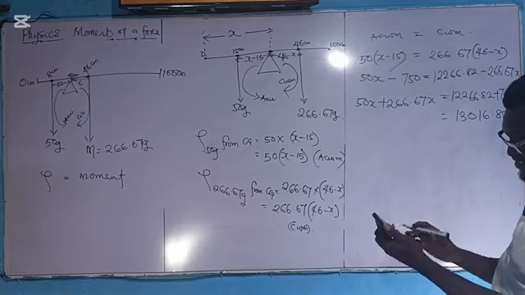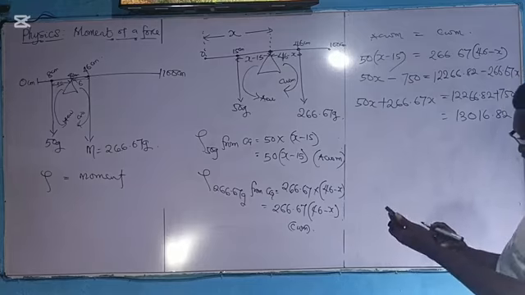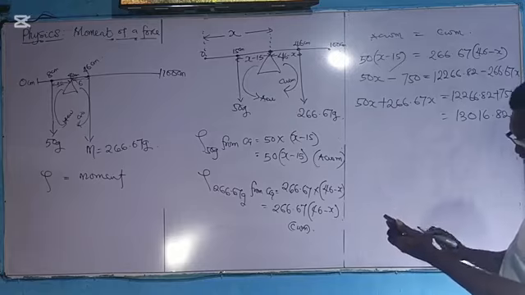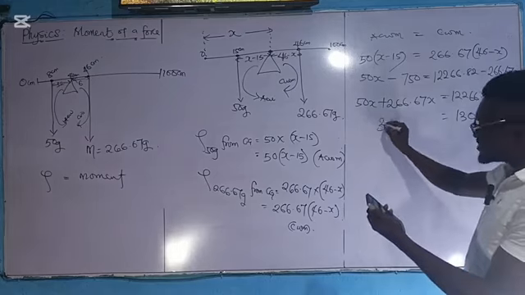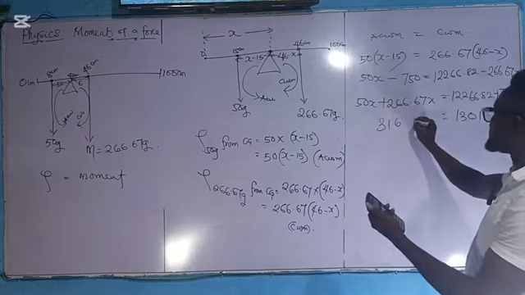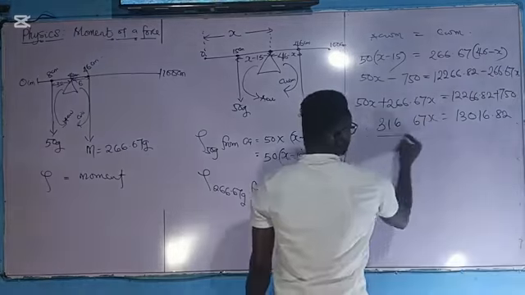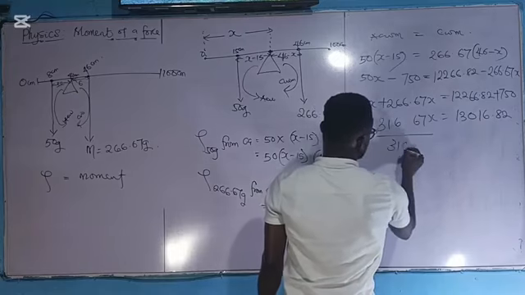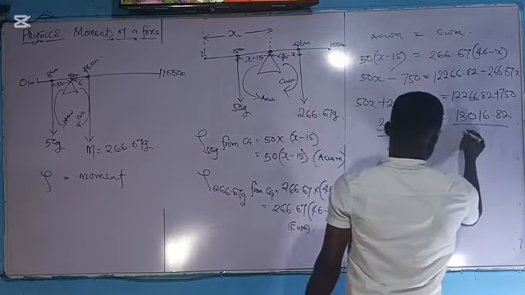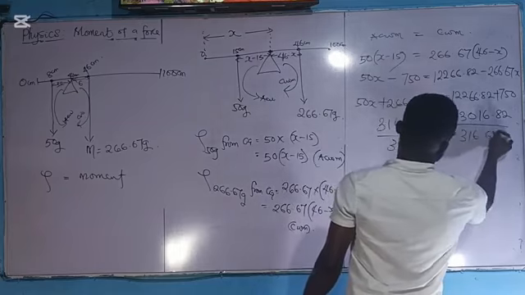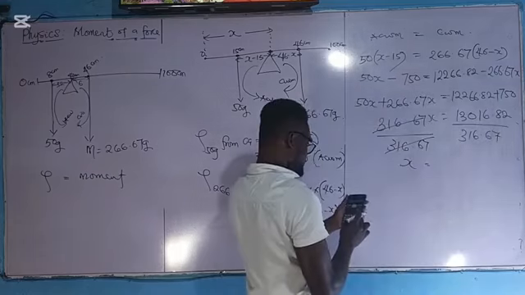Then add up this: we have 50 plus 266.67, so here we are going to have 316.67x. So divide both sides by 316.67. So this will cancel out, and we have the value of x.